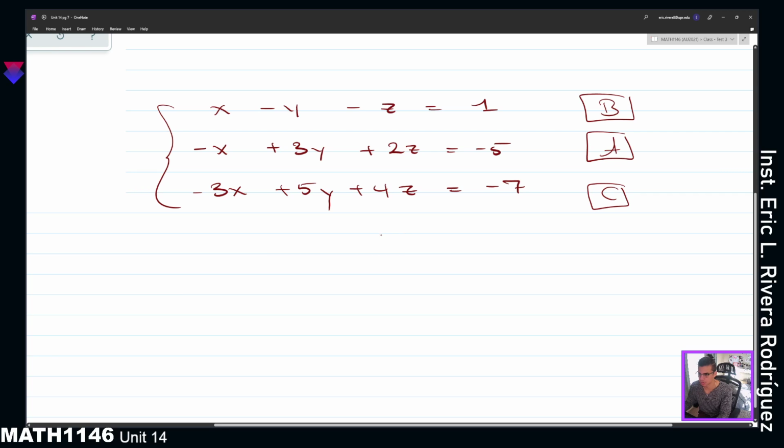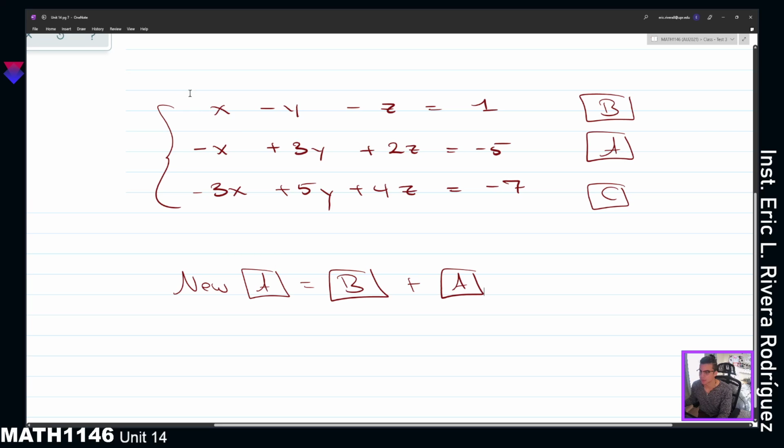Then I'm going to eliminate the x term from A and C. So now I'm going to have a new A, and that is going to be B plus A. I do not need to do any multiplication because I have a direct opposite value here.